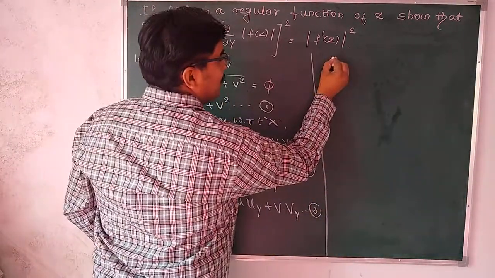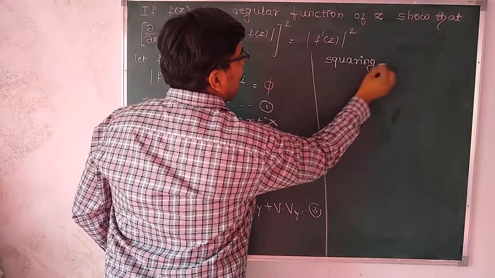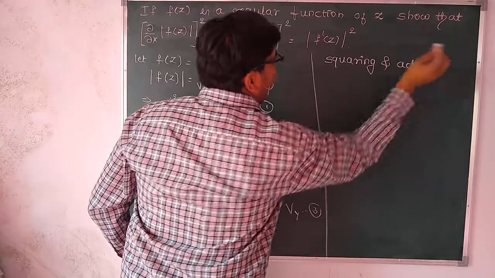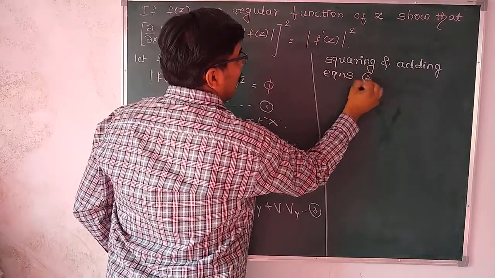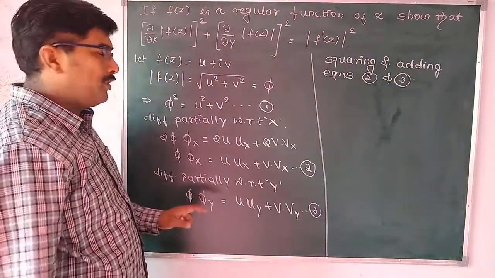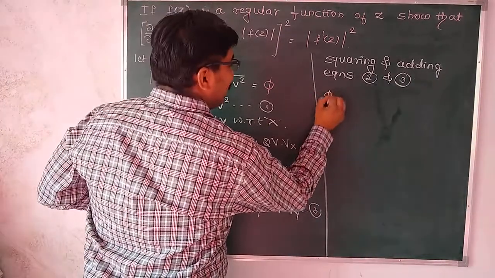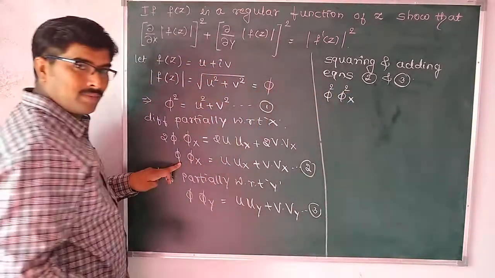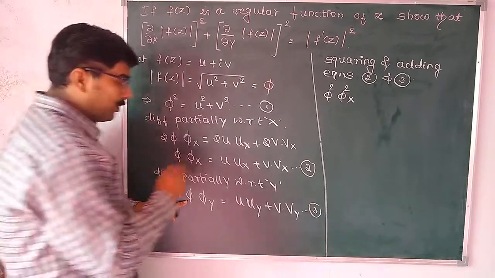I'll write here, squaring and adding equations 2 and 3. If you square equation 2, what you will get? Phi square x. And then if you square equation number 3, only LHS, what you will get?